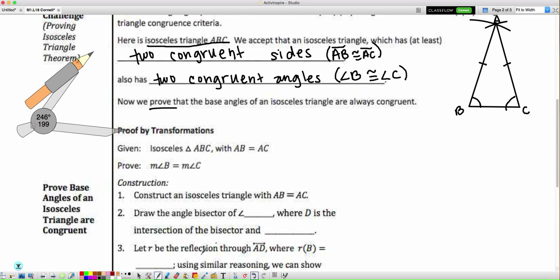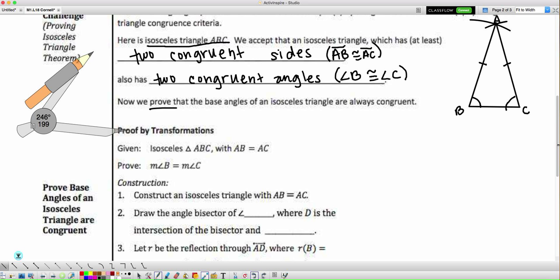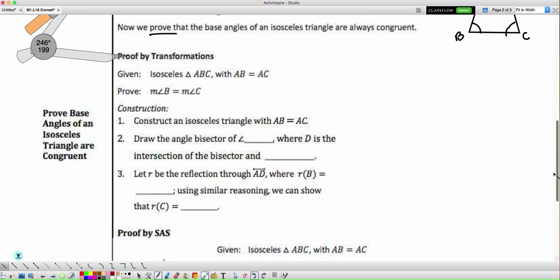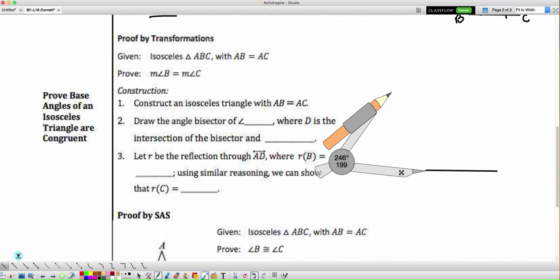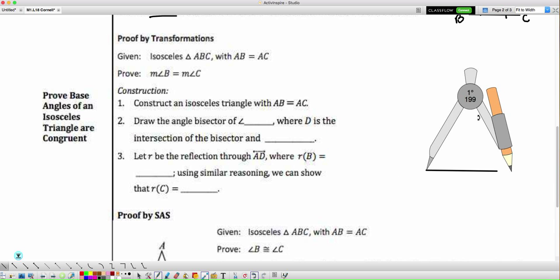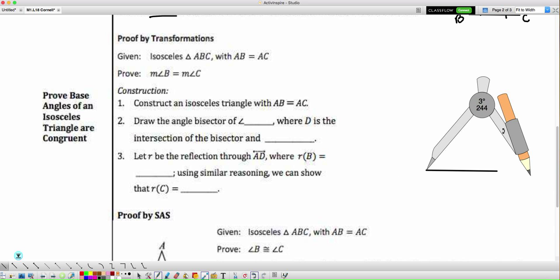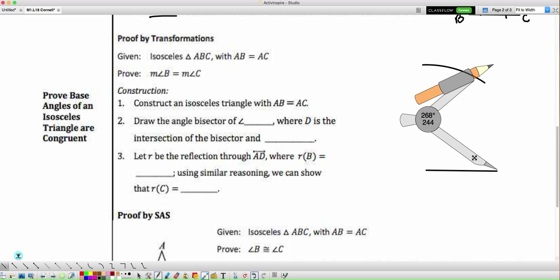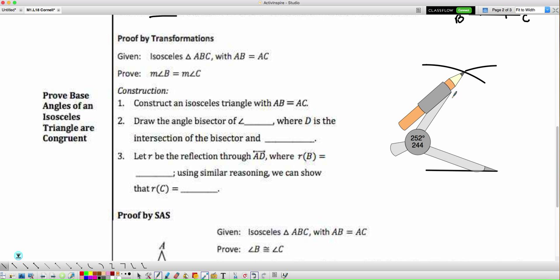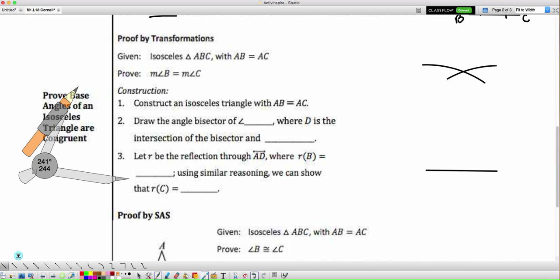So again, if you would draw another isosceles triangle just down below here, we're going to do our first proof by transformations. So if I drew just a small segment and did the same thing that I did earlier, took my compass, placed it there, I'm going to change my radius so it's just bigger, any size, and then I'll make my arc, move my compass over, make my arc, and then I will connect those endpoints to that intersection.